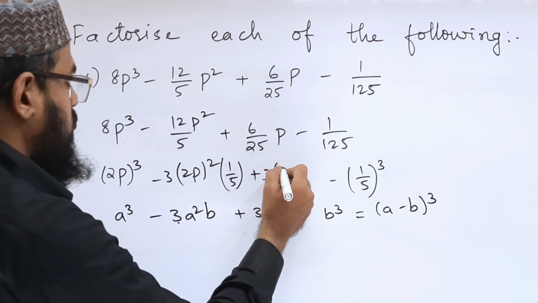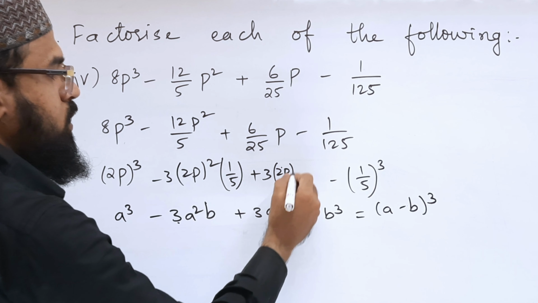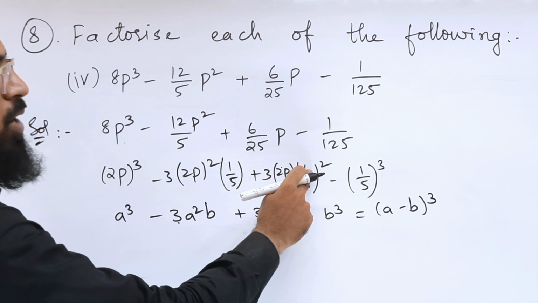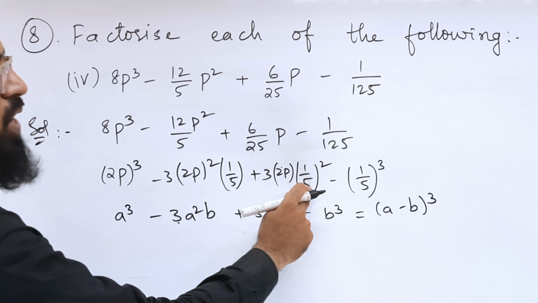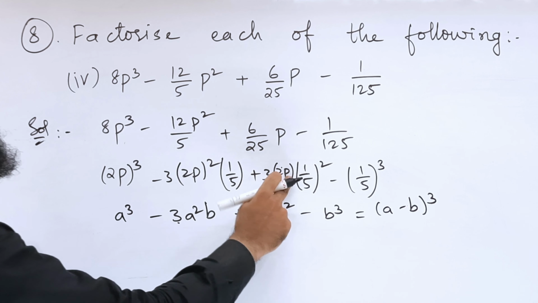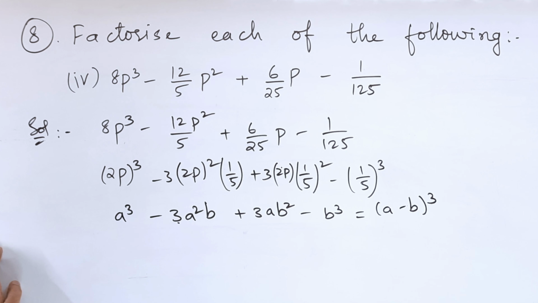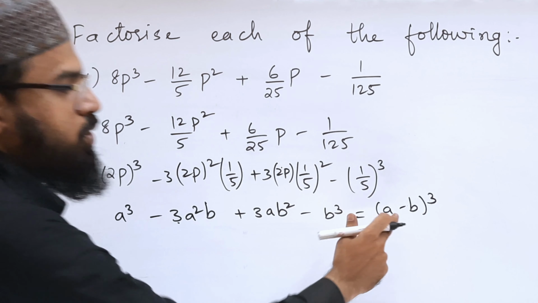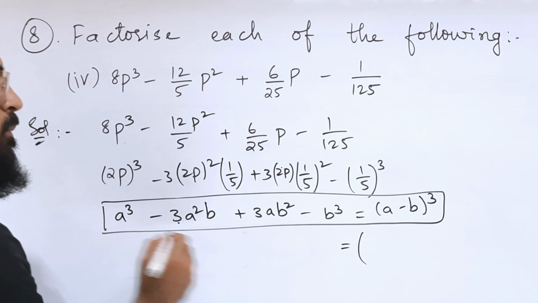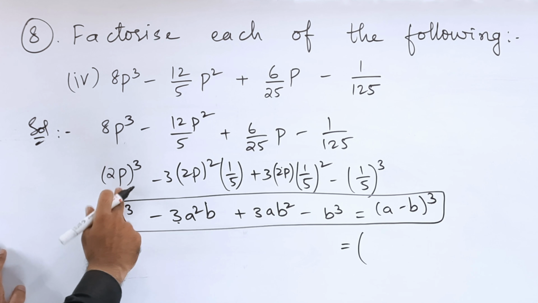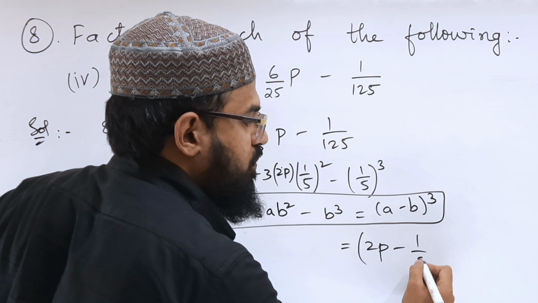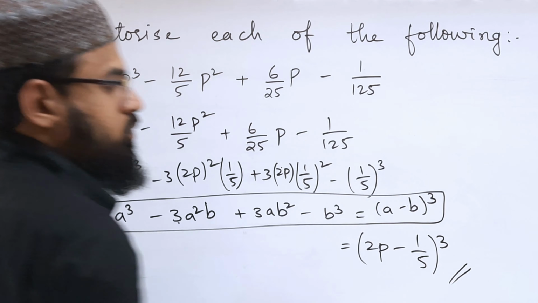A is 2p, b is 1 by 5 whole square. So square of 1 is 1, square of 5 is 25. Next, 3 2s are 6. 6p, 6p 1s are 6p. Now we can substitute in this formula. So what is a? A is 2p minus b is 1 by 5 whole cube. So these are the factors.